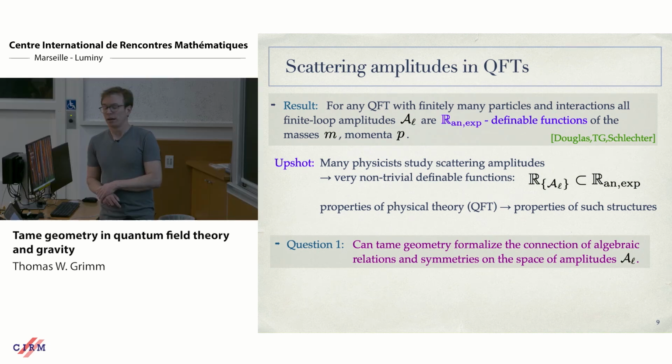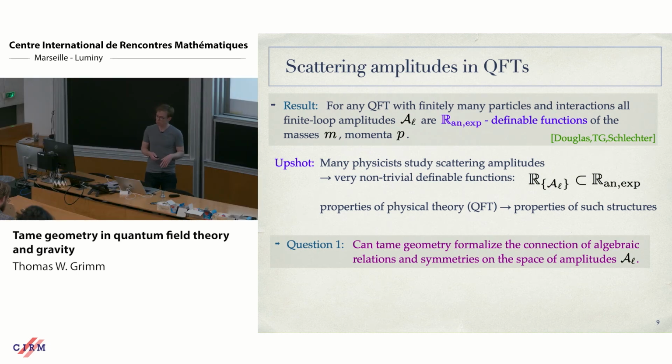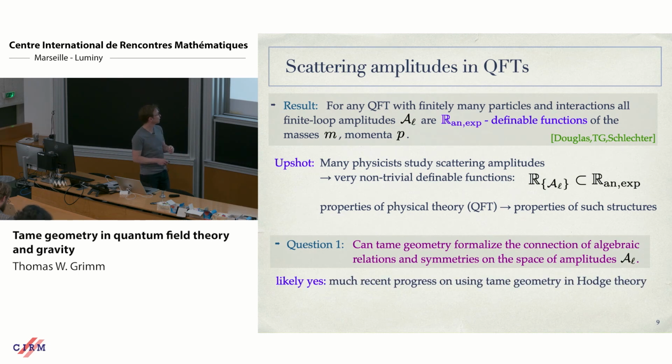One interesting question I think one can address, as I will mention in a moment, is whether tame geometry can formalize the connection between algebraic relations among these very complicated functions and symmetries which we expect to have in such a particle physics system. Okay? The answer to this is likely yes, and this is motivated by much of the recent progress using tame geometry in Hodge theory. Okay?